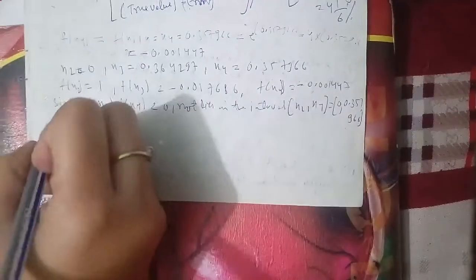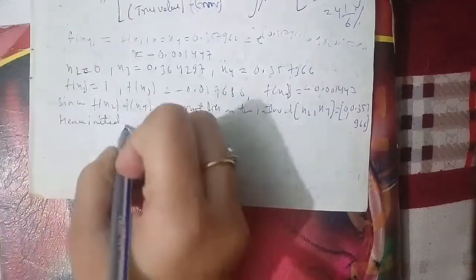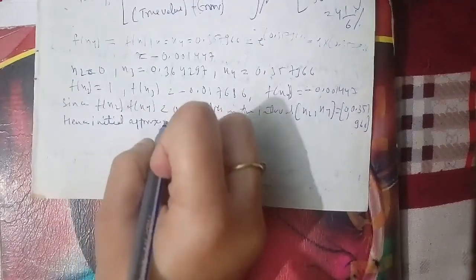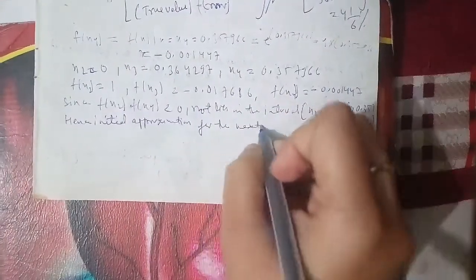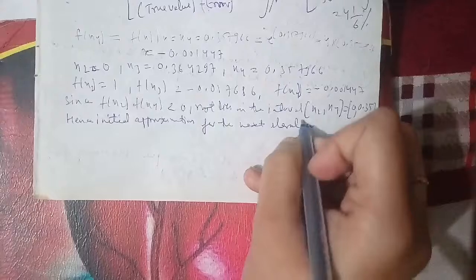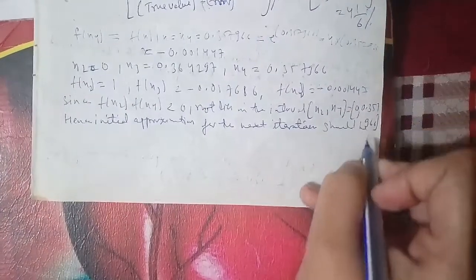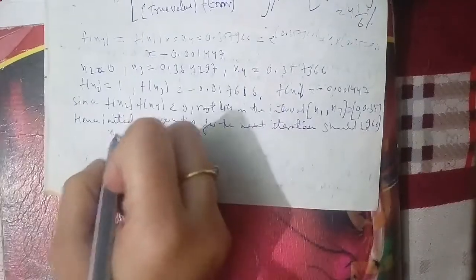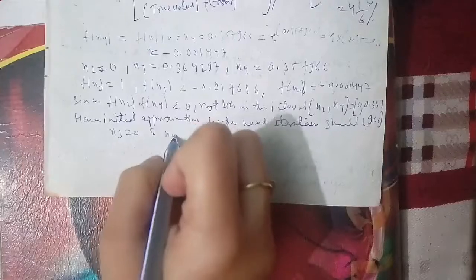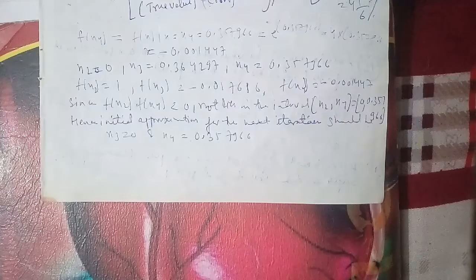So the initial approximation for the next iteration should be x3 = 0 and x4 = 0.357966. Now we go ahead for iteration 4.